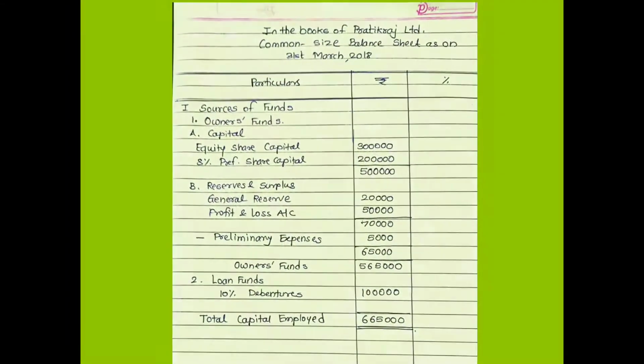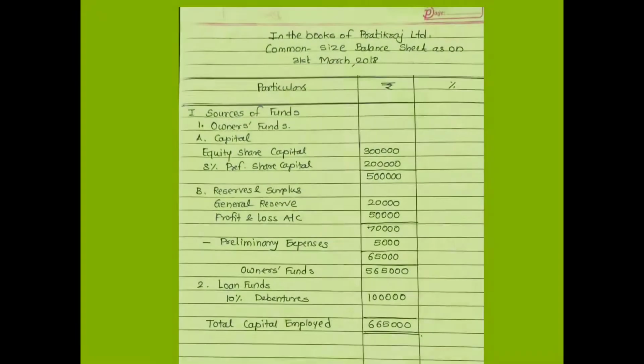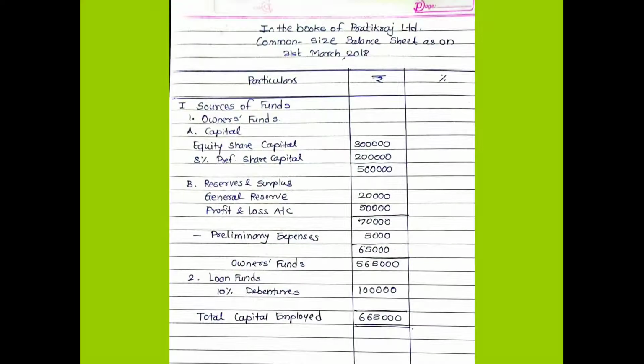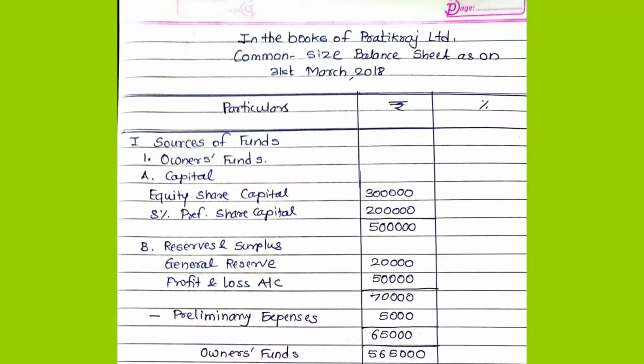Here, in rupees, the figures given in the horizontal balance sheet in the earlier slide will be written, and in the last column, we are going to write the percentage as compared to the total capital employed. Now this is the vertical balance sheet prepared here.